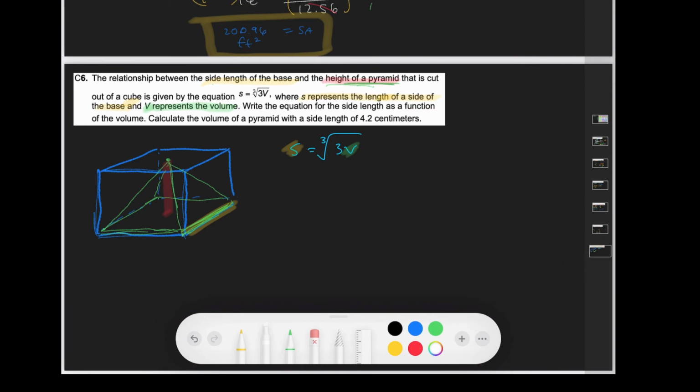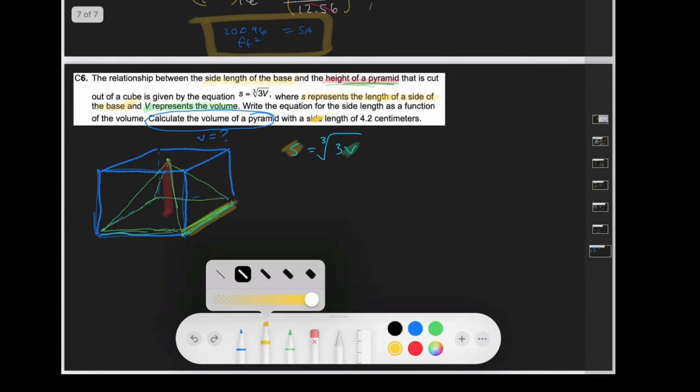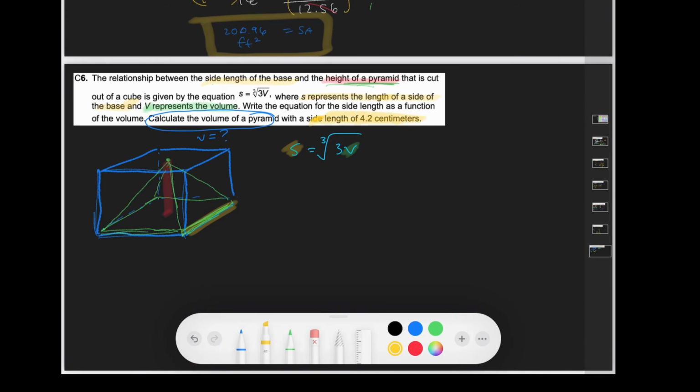Okay, so here they're telling us what is the volume. That's what we're solving for. That's what we can get by itself. In addition to that, they tell me the side length is 4.2. Okay, so the side length is going right there. Let's do that.